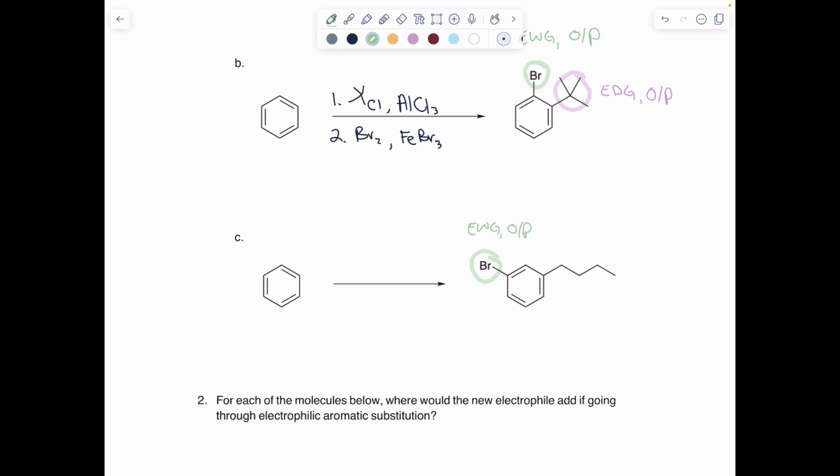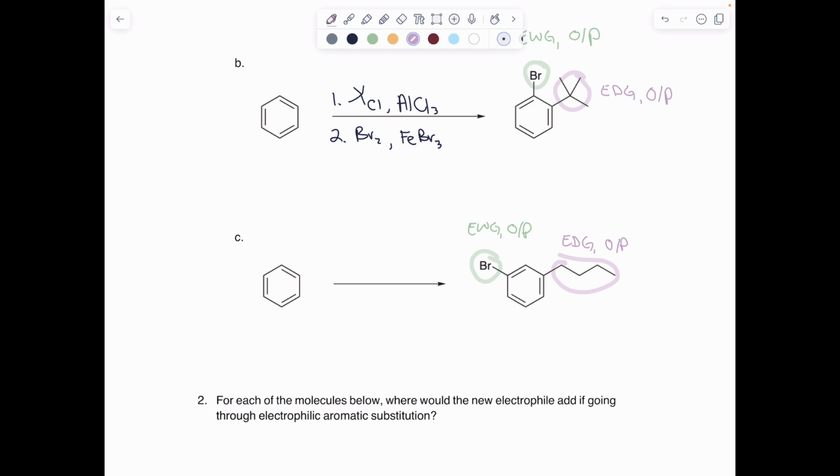And the butyl group is an electron donating, and it's also ortho-para. But we see that the positions of the two substituents are meta relative to one another.